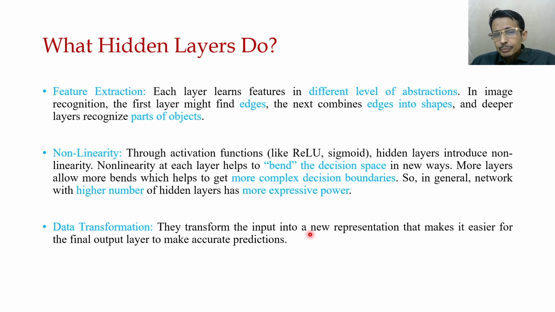So it transforms the input into a new representation, which makes it easier for the final layers to take the inference decision and make an accurate prediction. That is the idea of hidden layers. We'll take an example to understand how hidden layers do what we are claiming here.